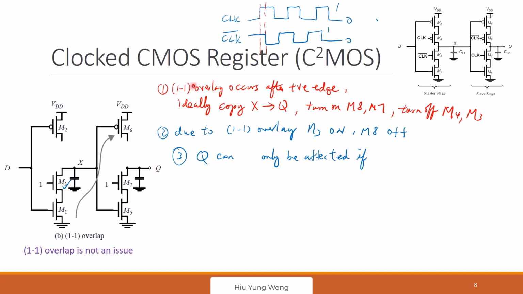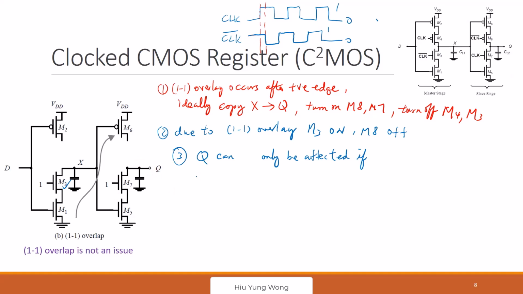Because after the edge trigger, I already copied the data to Q. Now my worry is that I have 1-1 overlap. Will the circuit somehow contaminate my data? How will it contaminate? How can Q be changed based on this circuit?